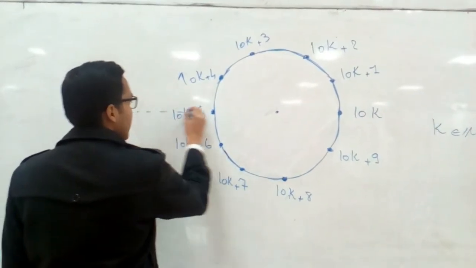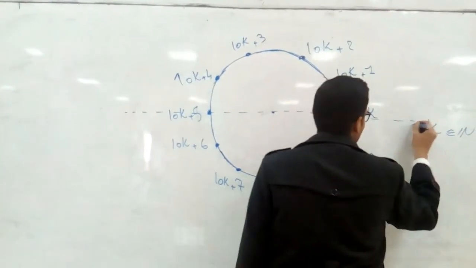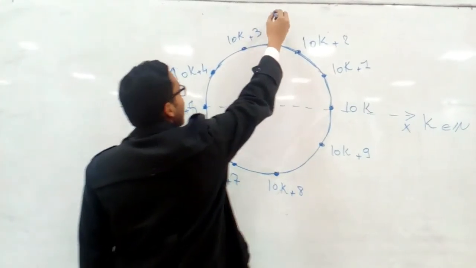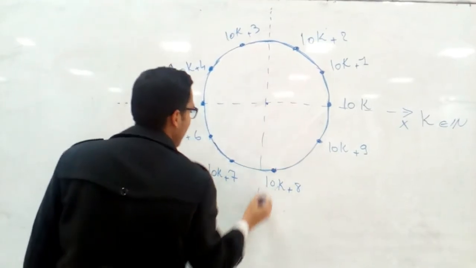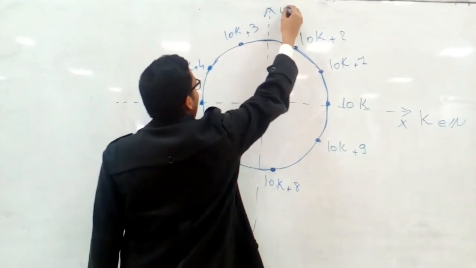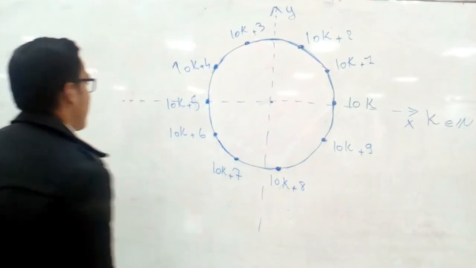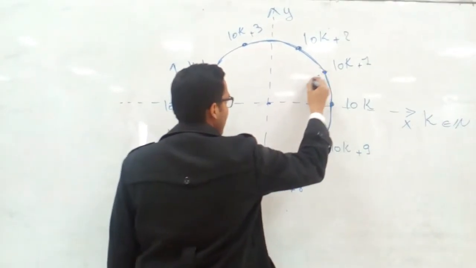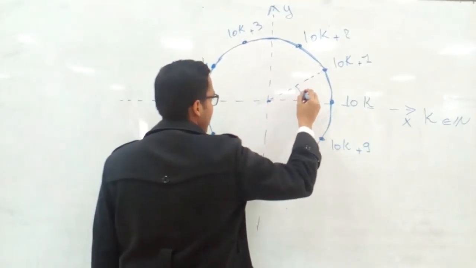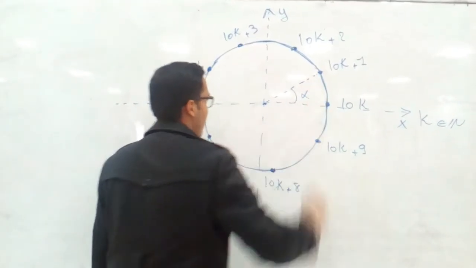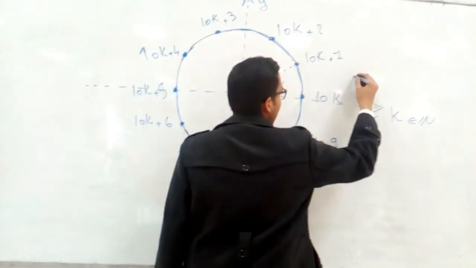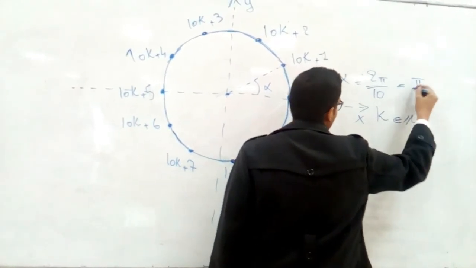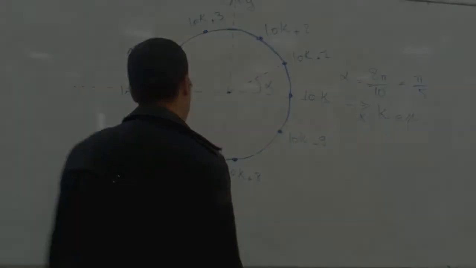So we're going to consider that this is the x-axis, and this here is the y-axis. So this over here is an angle. Let's call it alpha, where alpha is 2 pi divided by 10, which is pi divided by 5.